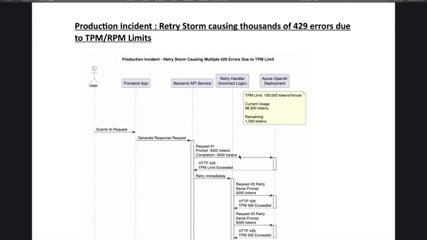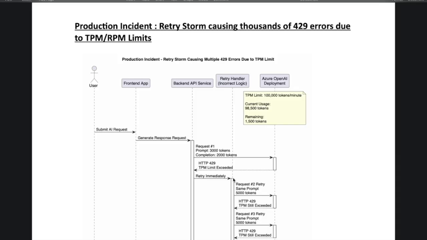Okay. Before going over the definitions for all those triggers and the basics required for understanding rate limits, let's go over one production environment incident. This is an example where you'll see a retry storm causing thousands of 429 errors due to TPM and RPM rate limits.